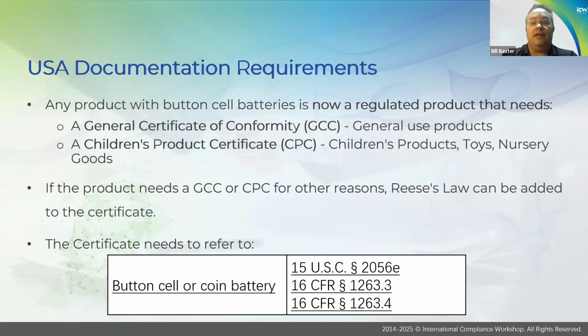So if you're bringing in button cells, it either needs to be accompanied by a general certificate of conformity or a children's product certificate, depending on if it's for adults, the GCC, children get the children's product certificate.